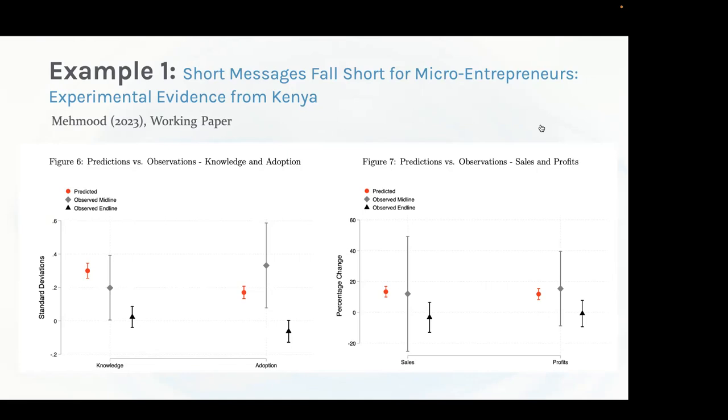So the point estimates are similar, but in any experiment we cannot confidently reject the null hypothesis that it does not have any effects. But it's interesting here, especially for figure 7, to see how closely the prediction matches the point estimates for both sales and profits.